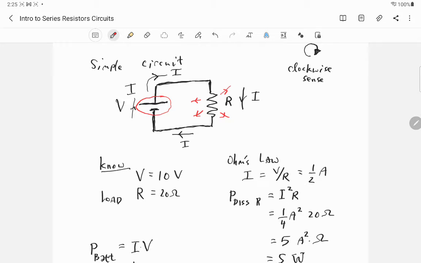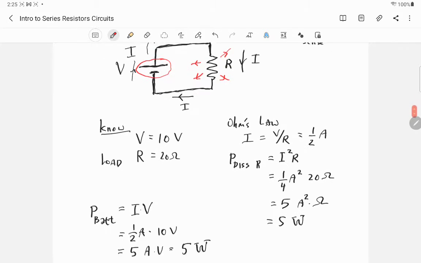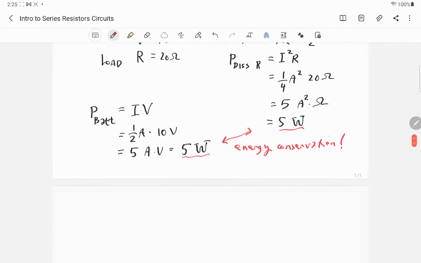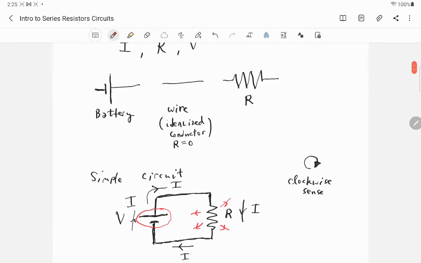So we lose energy at the battery, we throw energy out of the resistor via heating, and there is no other mechanism in this physics problem for energy to show up or disappear, right? So we had to have that whatever power was being used up at the battery, it was coming out of the resistor. This is energy conservation. That's an energy conservation statement. So that's the simple circuit.